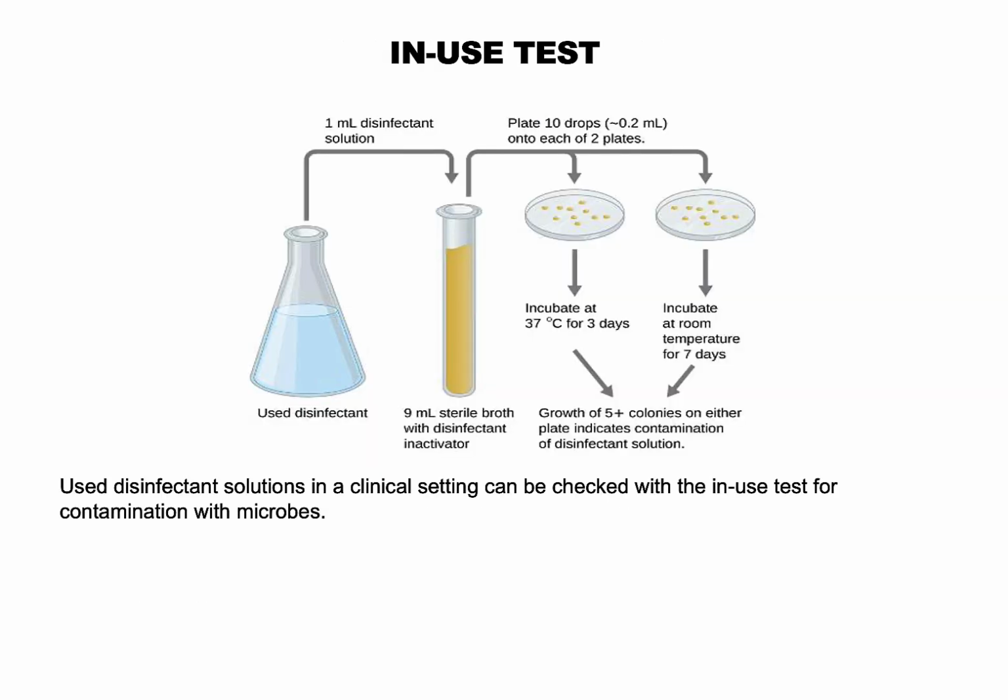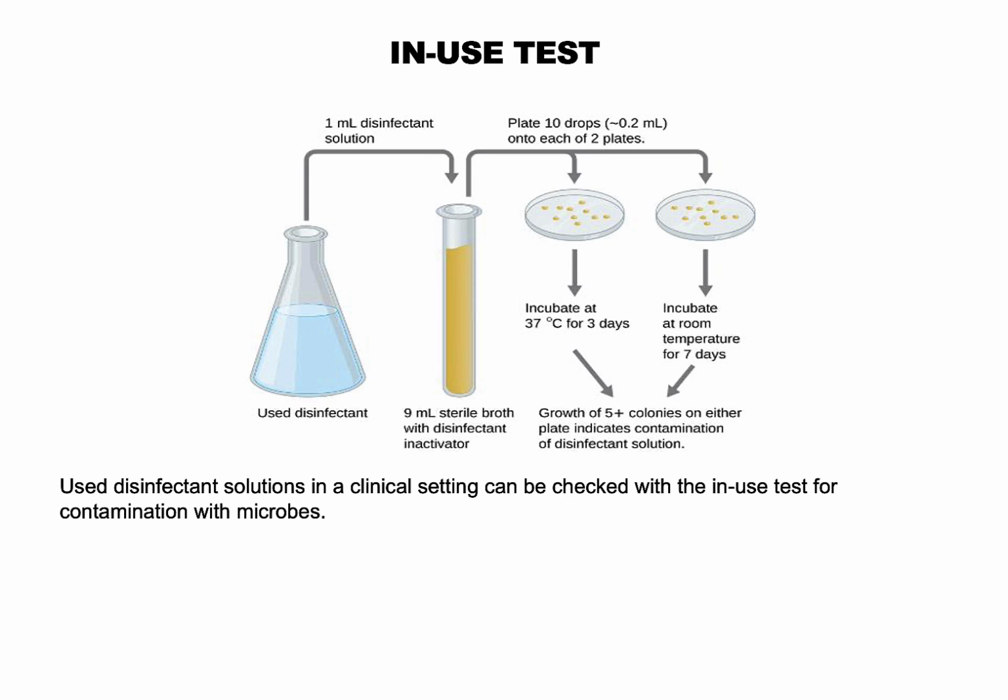An in-use test assesses the microbial contamination of disinfectants actively used in clinical settings. In these procedures, a 1 ml sample of disinfectant is diluted in 9 ml of sterile broth containing a compound to neutralize the disinfectant. Approximately 0.2 ml of this mixture is inoculated onto agar plates, one incubated at 37 degrees Celsius for 3 days and the other at room temperature for 7 days.